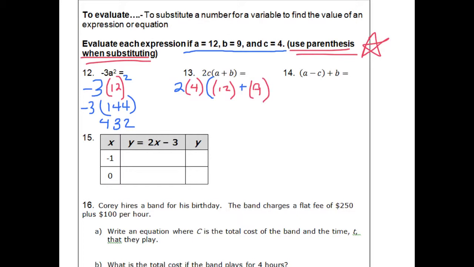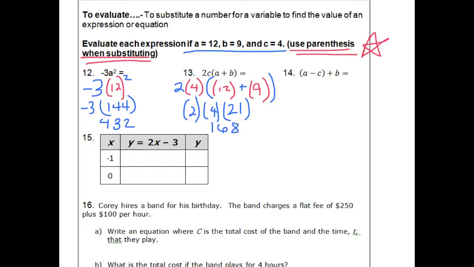And I'm going to close my parentheses. According to PEMDAS, I'm going to start inside my blue parentheses, or inside my grouping, which is 12 plus 9. And 12 plus 9 equals 21. We're going to multiply 21 times my 4 and times my 2. So 2 times 4 is 8, times 21, my answer is 168.